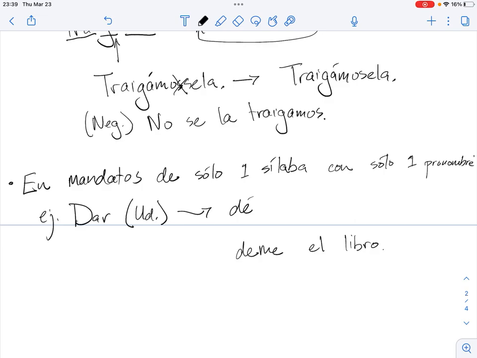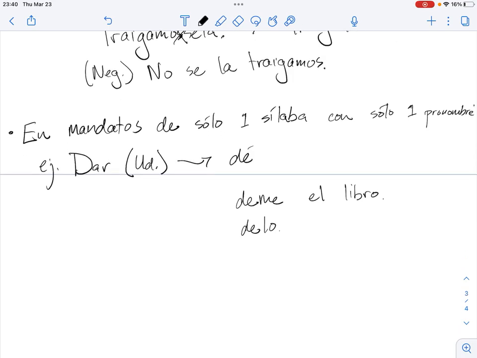I could say, instead of "give it to me," I could just say, "give me the book." Deme el libro. I no longer need the accent if it's just one syllable and one pronoun. If I said, délo, give it.